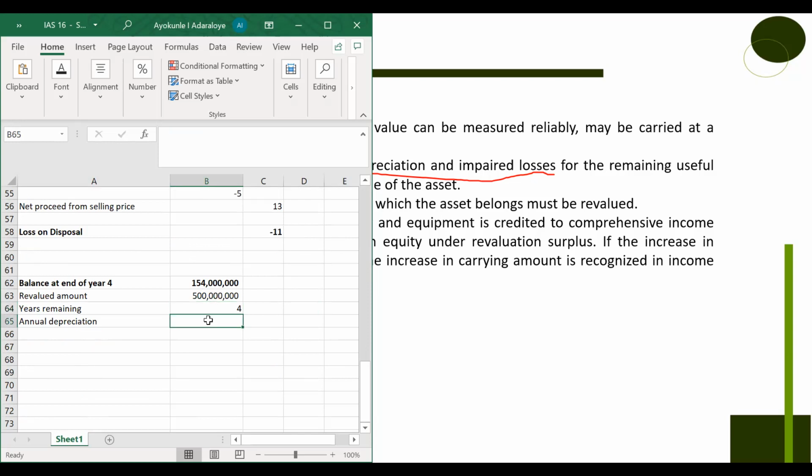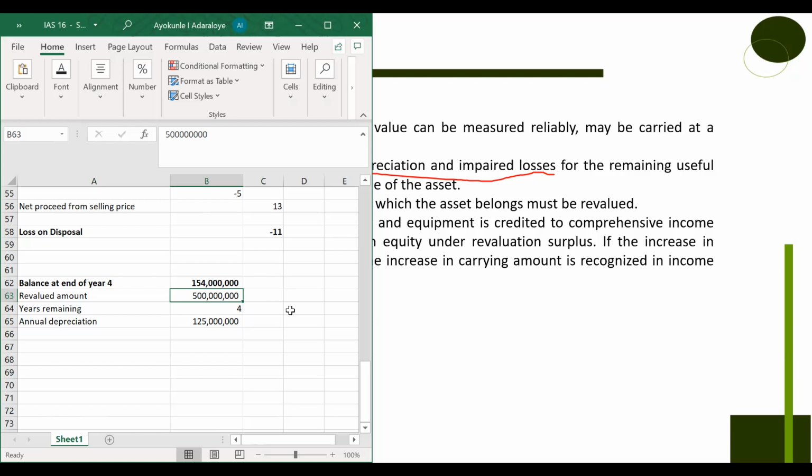We just do our annual depreciation charge as 500,000 divided by 4, and our annual depreciation charge will be 125. So in year 5 now, we will apply 125. In year 6, we will apply 125. In year 7, we'll apply 125. In year 8, we'll apply 125. And we'll finish with this 500. Do you understand now?